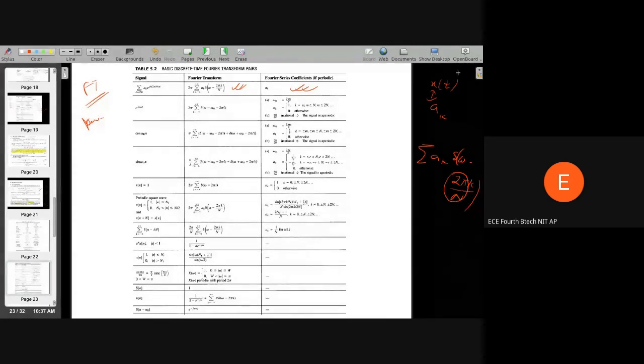If this is periodic with period N, then 2 pi by N is your omega naught. So it's impulse functions located at specific points on the frequency axis, basically representing harmonics. This is important to know. It comes in handy in many cases.